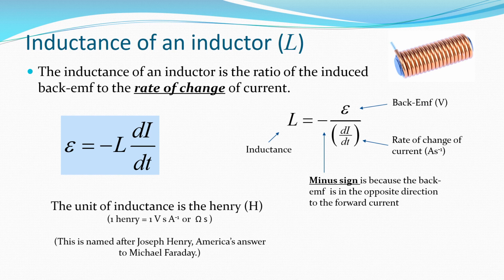Now the unit for inductance is the Henry, but if we consider the units for voltage and the rate of change of current, we could also say that 1 Henry is equivalent to 1 volt second per ampere. Because inductance opposes the flow of current, we could also consider it to have the units of ohms. The Henry unit is named after Joseph Henry, who is America's answer to Michael Faraday.